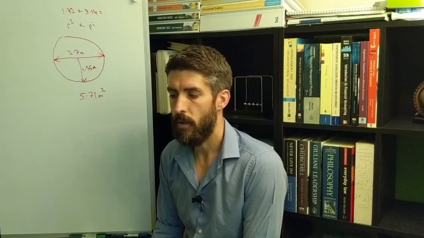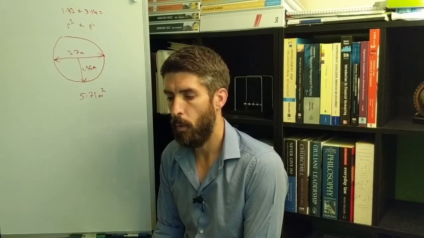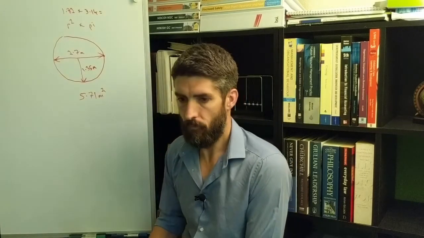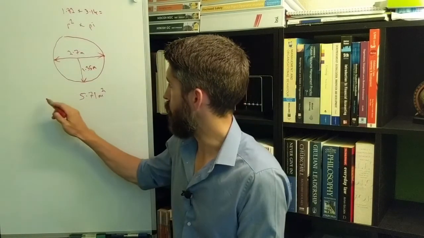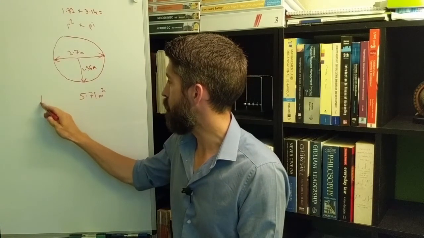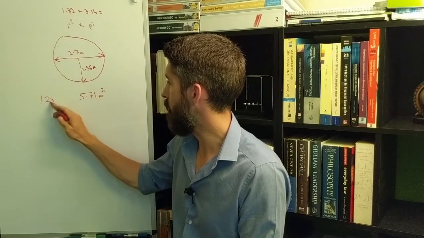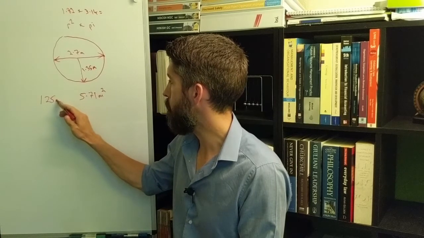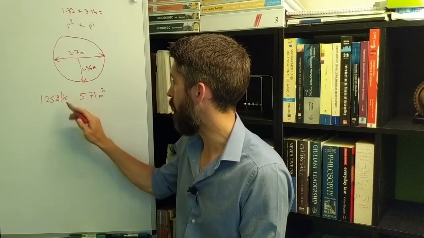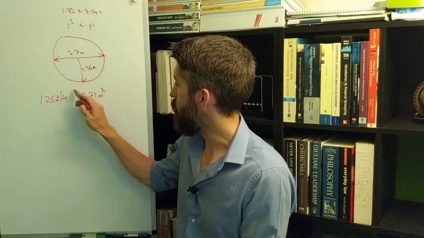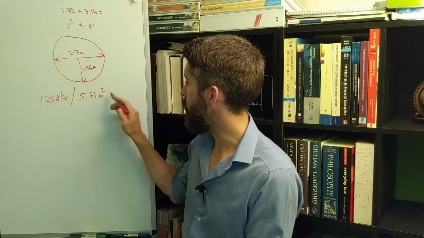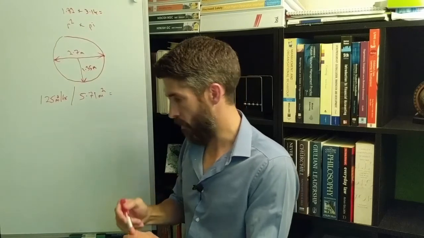So for example, if there was a pool that had a flow rate of, say, 125 meters cubed per hour, you would divide that flow rate by that surface area, and that would give you the filtration rate.